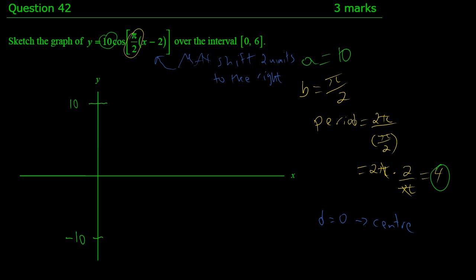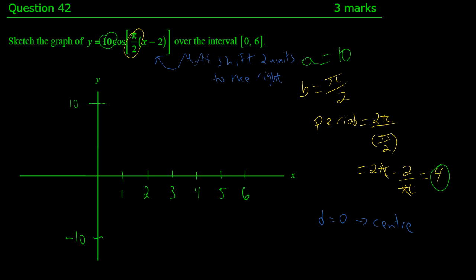So that's a nice period, because a lot of students want to label radians on the axis. But in this type of question, if your period is 4, it repeats itself every 4 units. So what we should do is label using numbers, not radians. So this is 1, 2, 3, 4, 5, 6. And another big hint, they told us they want us to use the interval from 0 to 6.